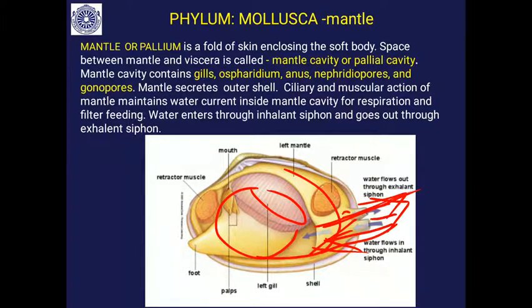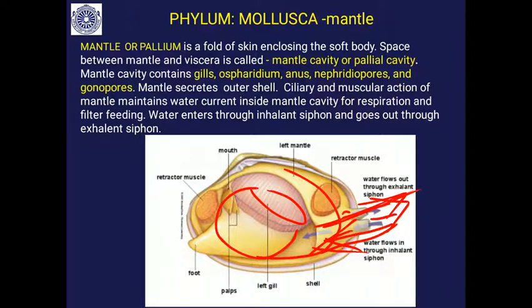It circulates in the mantle cavity, and the ciliary cells of the mantle cavity collect microorganisms, which form the food for these mollusca.